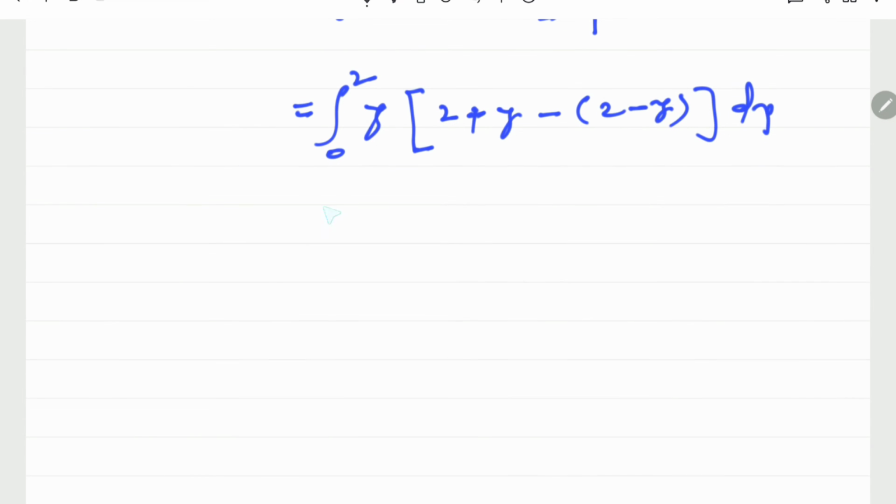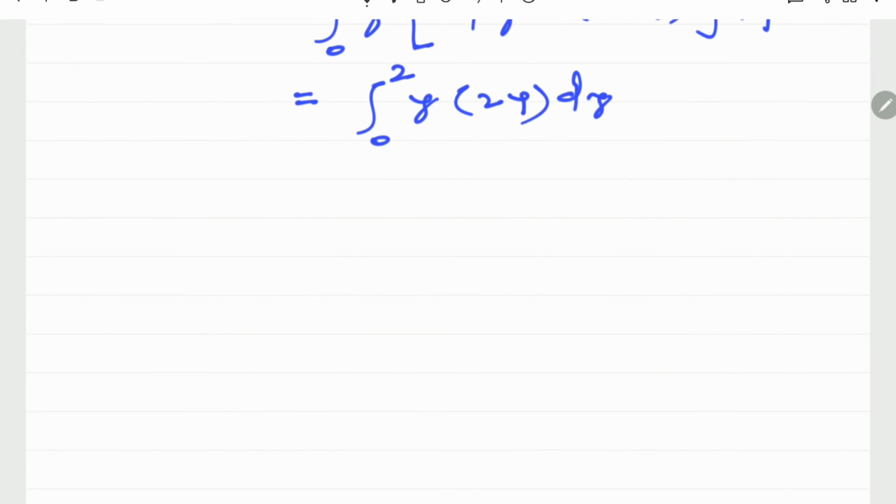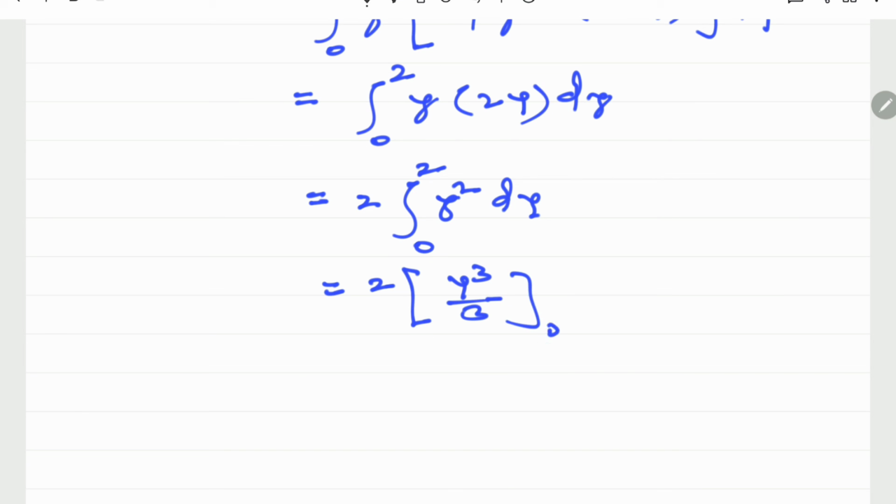2 gets cancelled, y plus y, we get 2y into that outer y, that becomes 2y square, and its integration with respect to y, we have 2 into y cube by 3 between 0 to 2. Therefore it is 2 y cube by 3, and limits are from 0 to 2. Substituting the upper and lower limit, it is 2 by 3 into (2 cube is 8, minus 0), and therefore 16 by 3, the value of the right hand side.